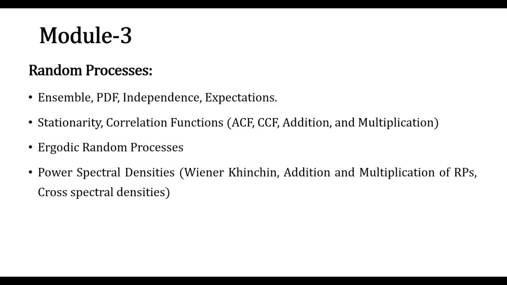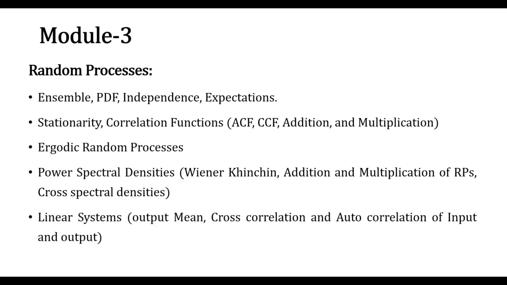Then what do we mean by power spectral densities? Most probably you might have heard of it already, but you have not yet studied the subject. So you will come to know what power spectral densities are, how the different power spectral densities are related to the random process. That will be studied here.